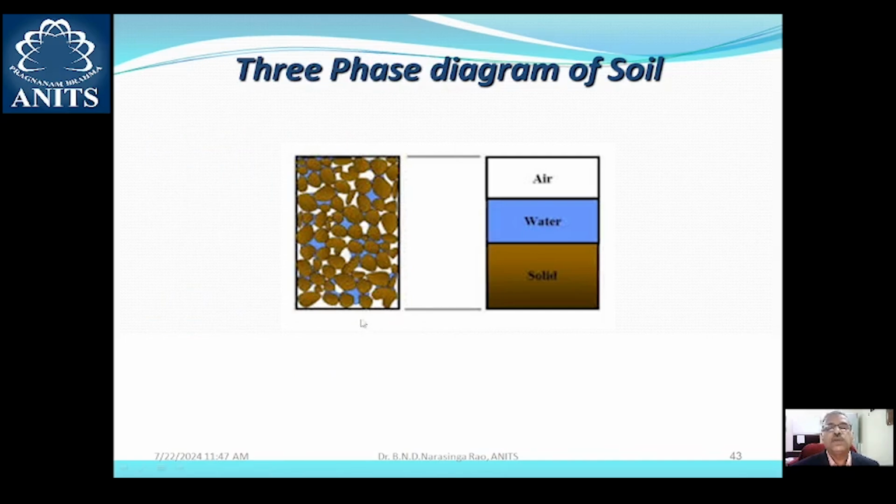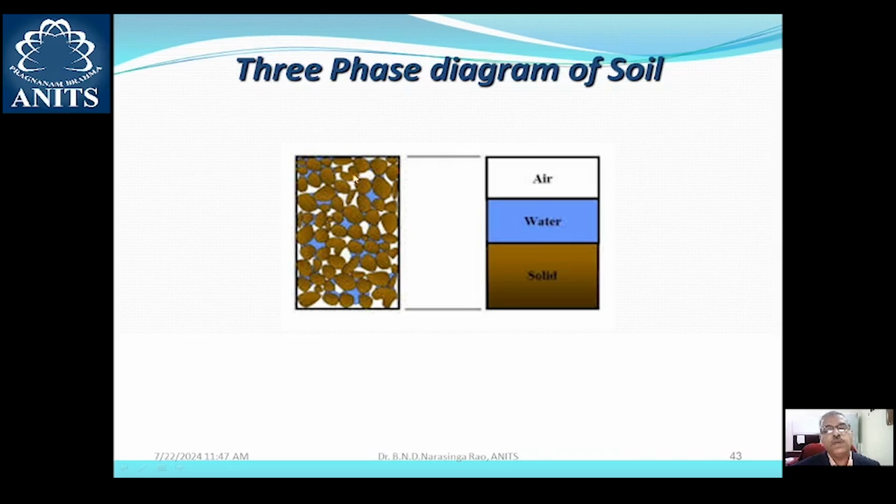The three-phase system of soil consists of, if you take any given mass of soil, individual solid particles or groups of soil particles. Between the solid particles there is void space, and this void space is occupied by either water, which is also referred to as the pore water, or air.